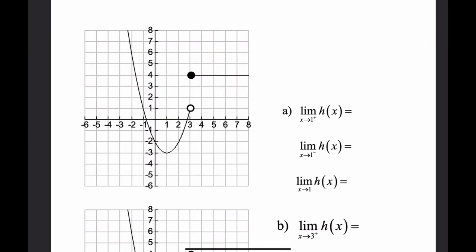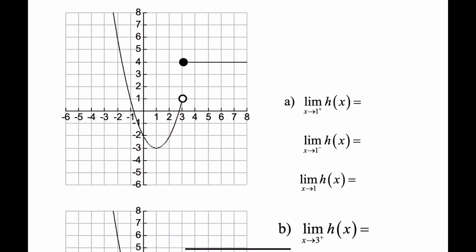Okay. Here, I'm going to be observing my limit of h of x as x approaches 1. So I'm going to go ahead and highlight 1. And we're going to start by observing this limit from the right side. So from the right, I jump down and I reach -3 as my final y value. And I'm going to go ahead and trace from the left now.